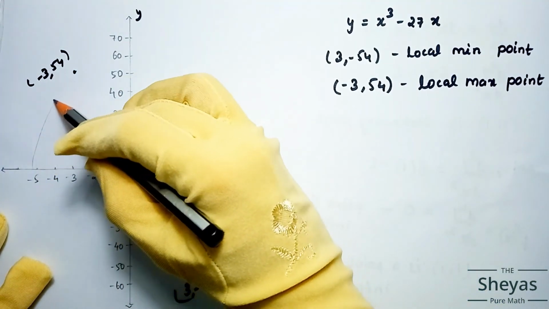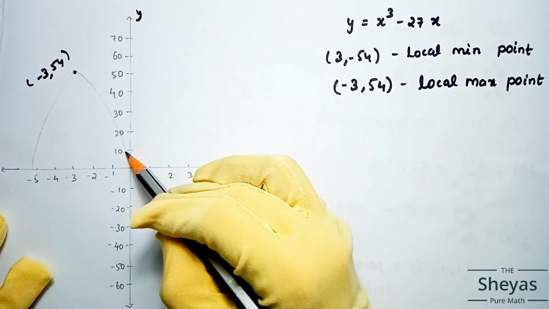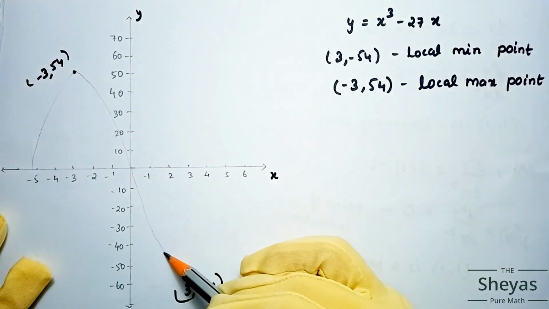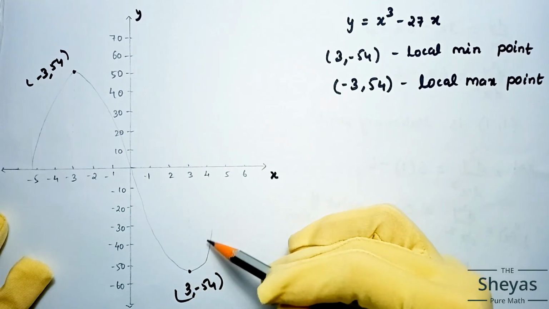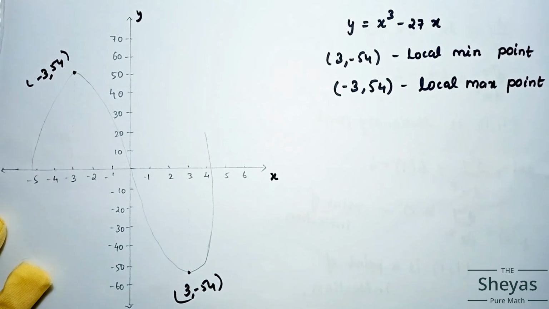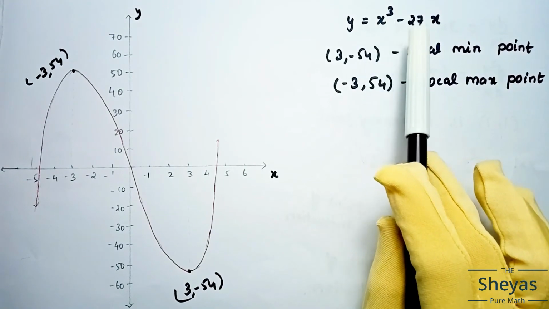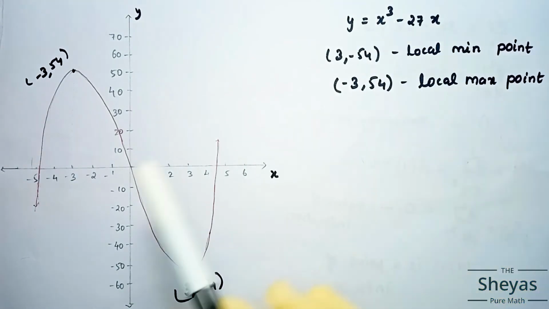So I'm joining these points, concave downwards and then concave upwards. So thus we have sketched the graph of this cubic function y is equal to x cube minus 27x with local maximum and local minimum points.